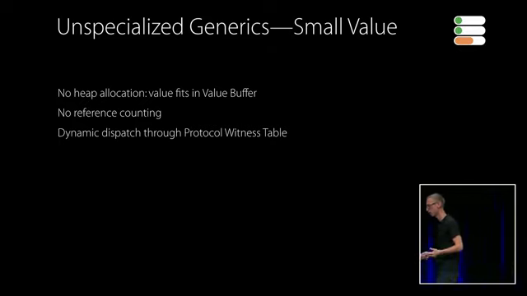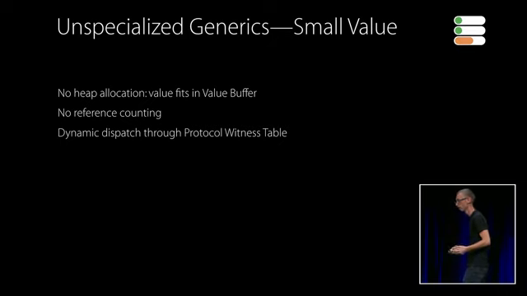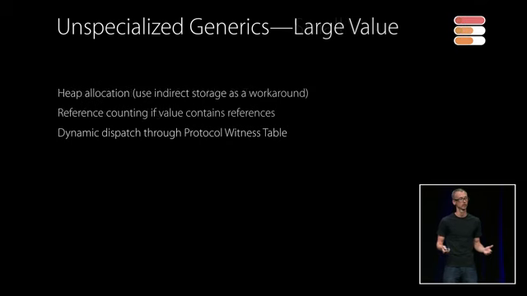Okay, so we've seen during this talk today what the performance characteristics of structs and classes look like, and how generic code works, and how protocol types work. What can we take away from this? Oh, there you go. I forgot the punchline.